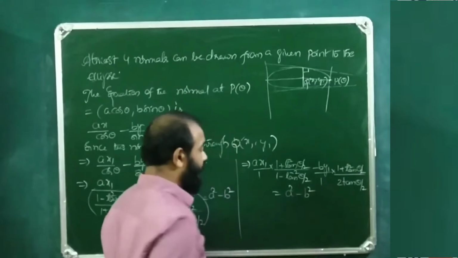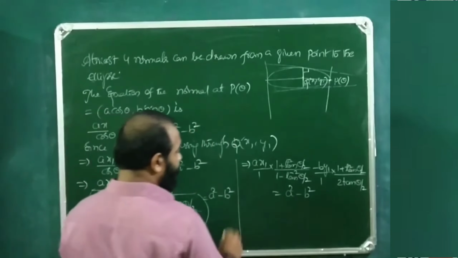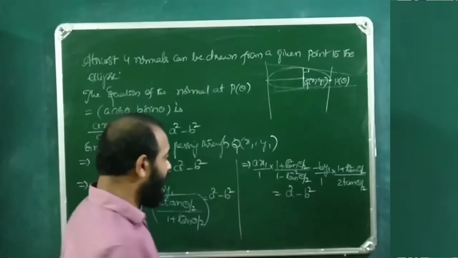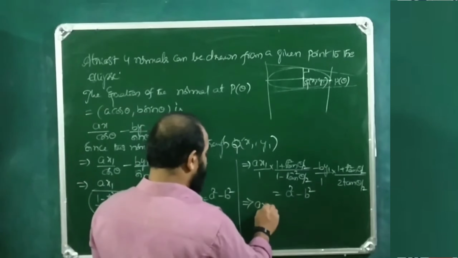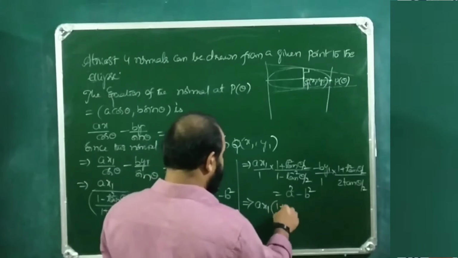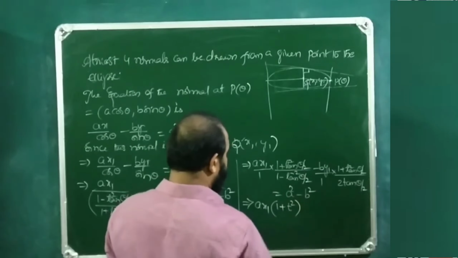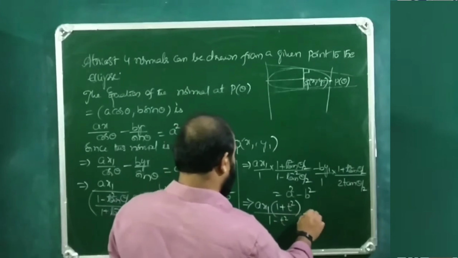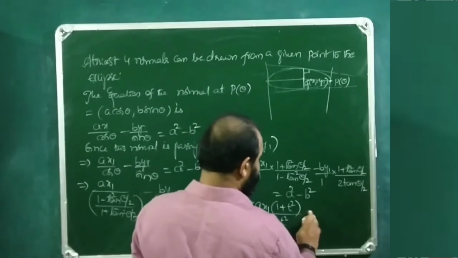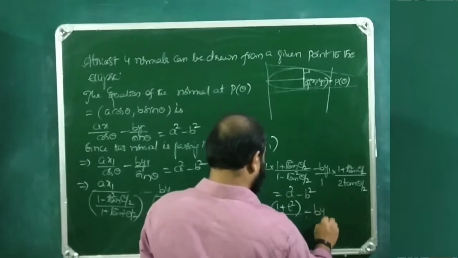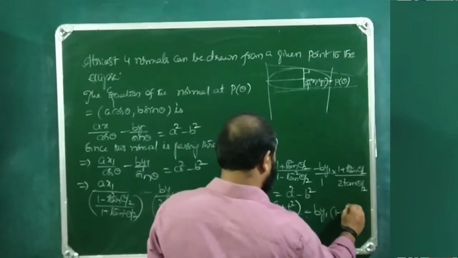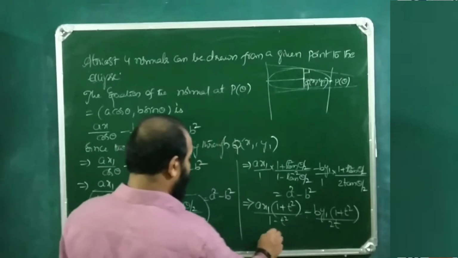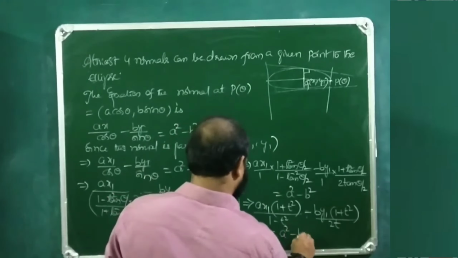So if you take tan theta by 2 as t, then this is ax1 into 1 plus t square by 1 minus t square plus minus by1 into 1 plus t square by 2t is equals to a square minus b square.